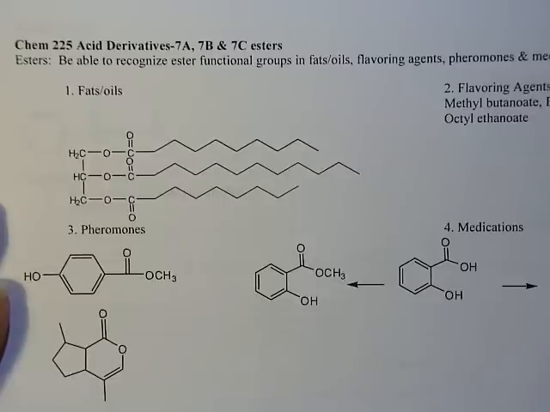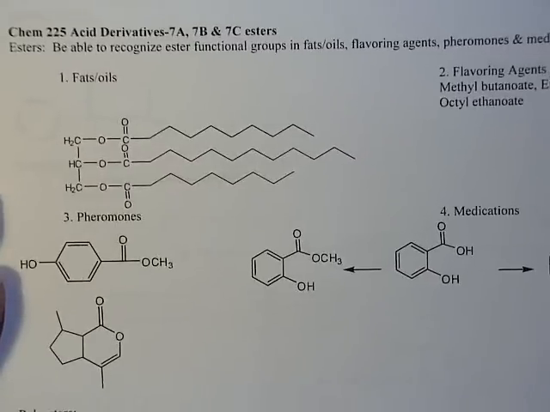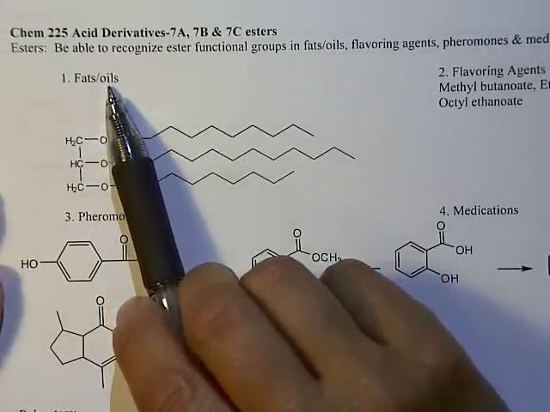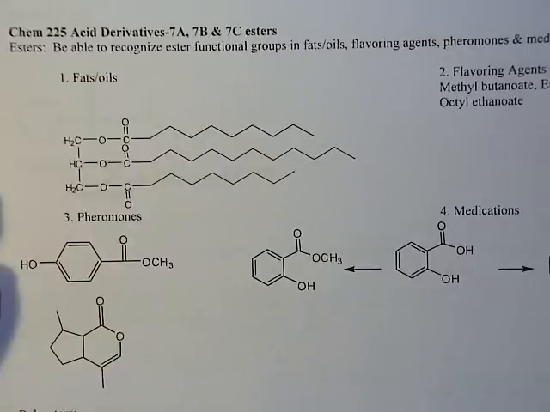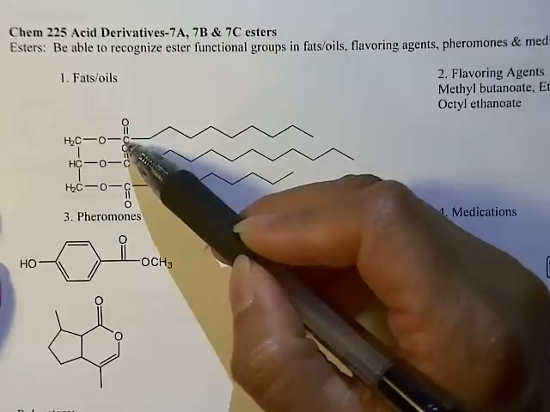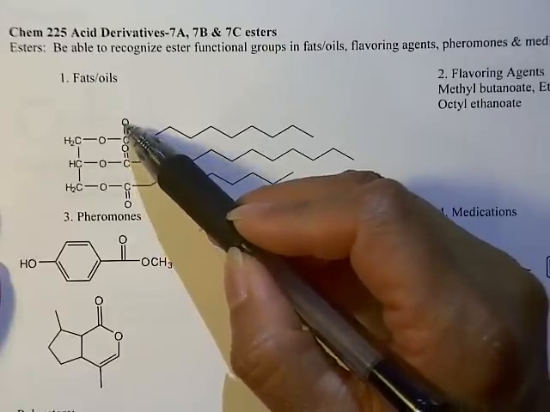In Unit 5, we'll come back again when we talk about fats and oils. There's a whole unit on biochemistry, and part of that we'll be talking about lipids, and fats and oils belong to that class. If you look at the structure carefully, notice that there are 3 ester functional groups.